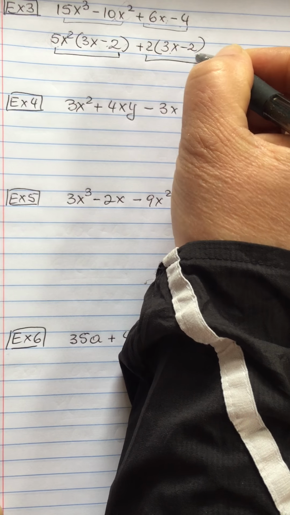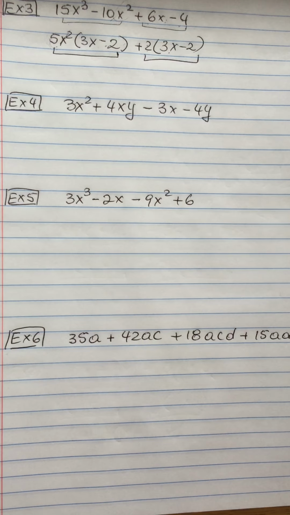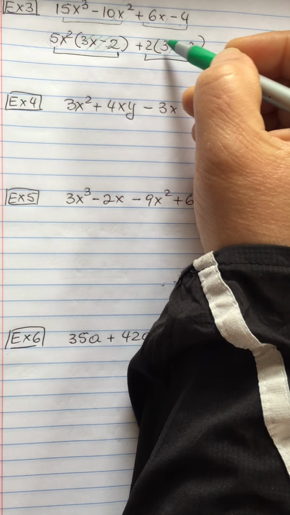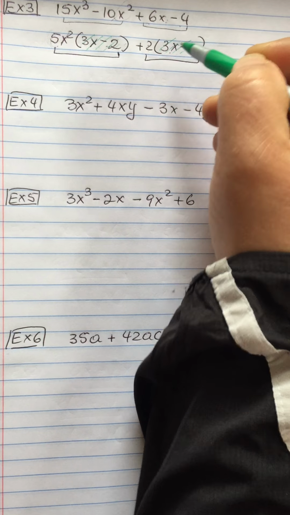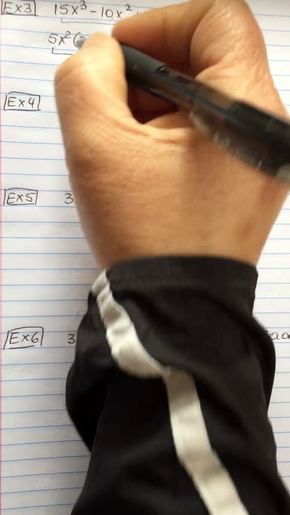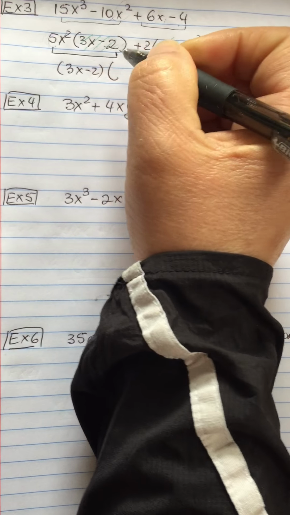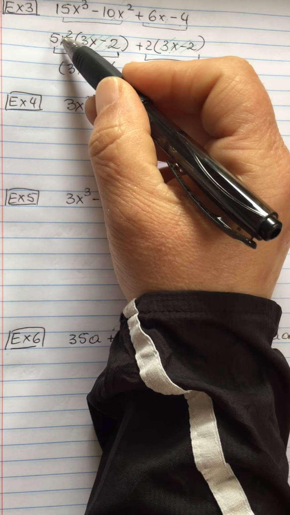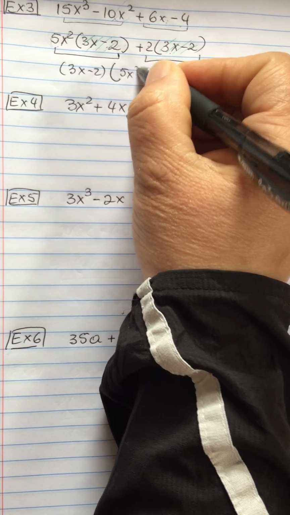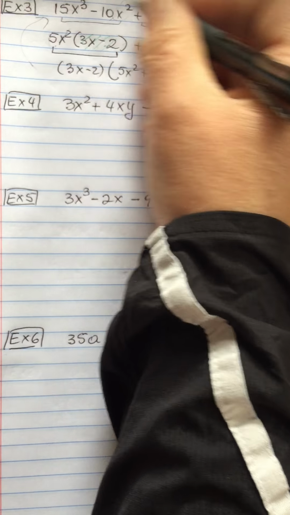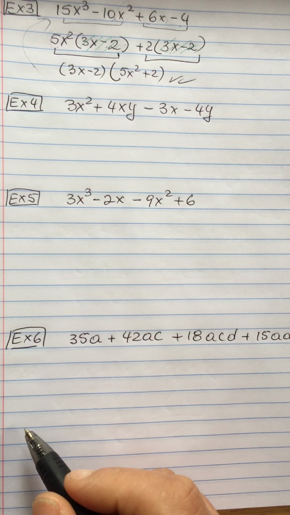That's it, done. Check the groups. Do they have a common factor? Yes, they have. So what is the common factor? 3x minus 2. Open parentheses. What is left from each group? 5x squared plus 2. Done. If I multiply, I go back and find the original polynomial.